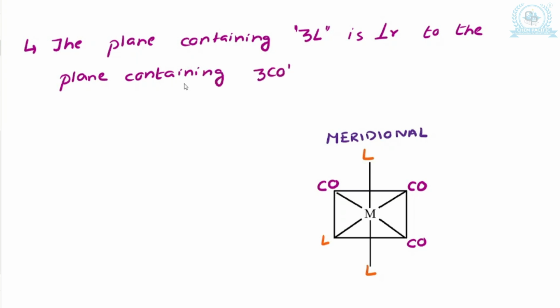So this is the main important differentiation between the facial and the meridian. Facial में तीनों ही adjacent sides occupy करते हैं. यहाँ पे 2 they remain trans to each other and the other becomes cis to the first one. So this is very important, and the plane containing the 3L, that is perpendicular to the plane containing the 3 CO ligands.